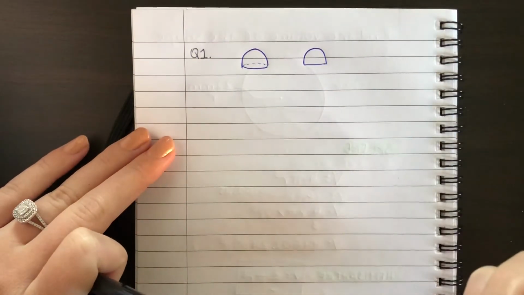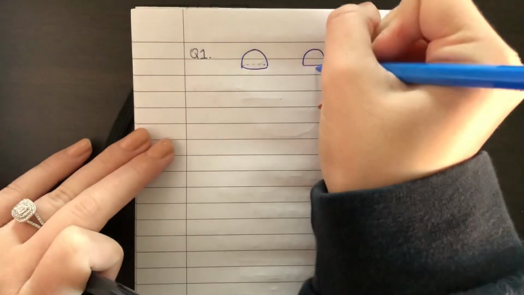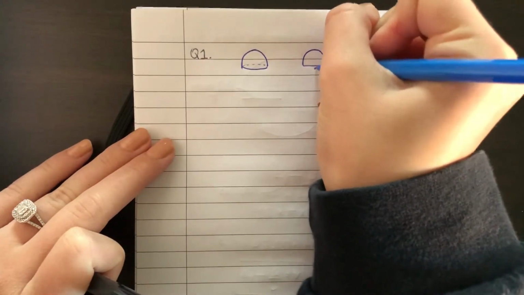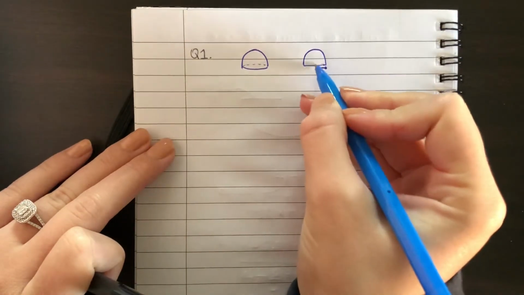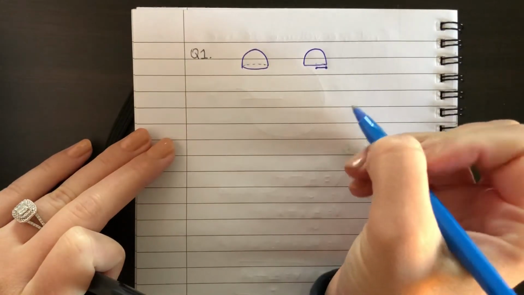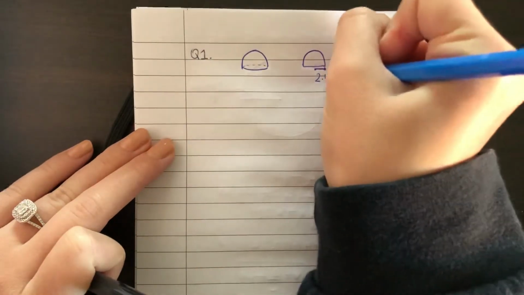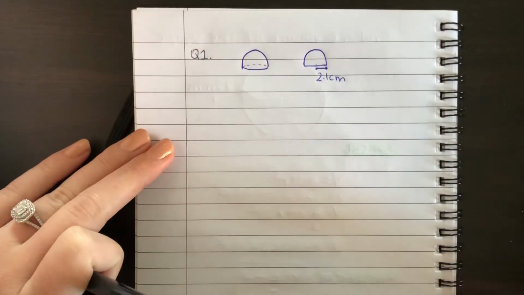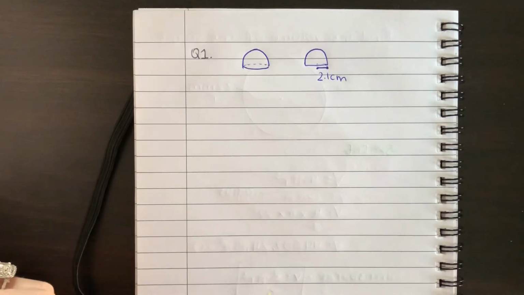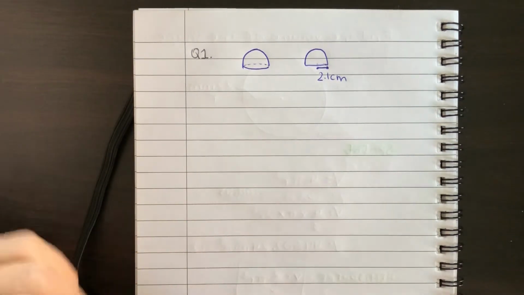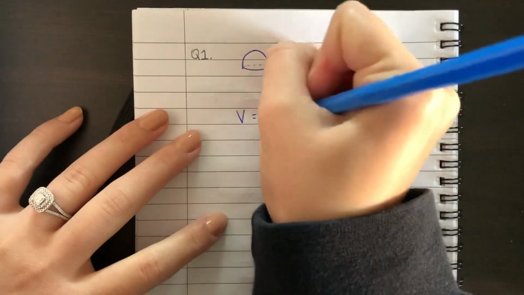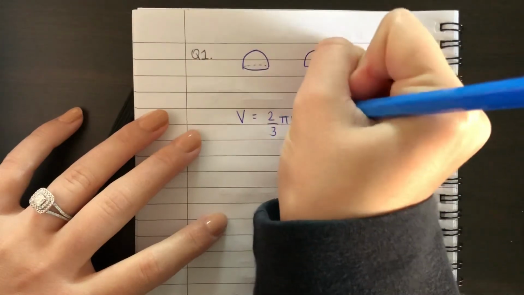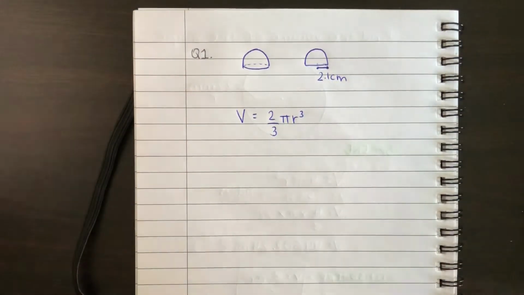All right, the radius of a pod is 2.1 centimeters. So that means halfway of the bottom, so from here to here, is 2.1. Okay, so the volume for a hemisphere is equal to 2/3 pi r cubed.